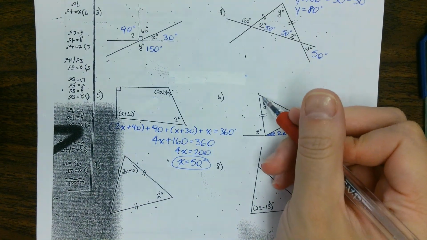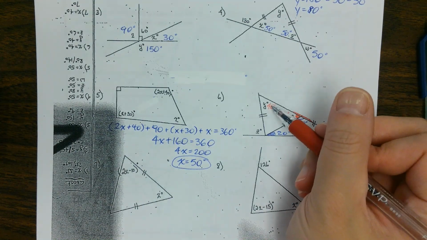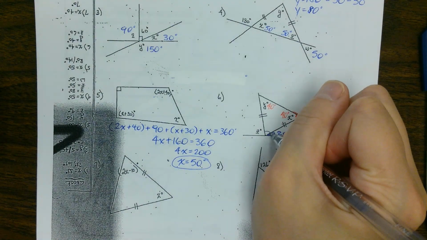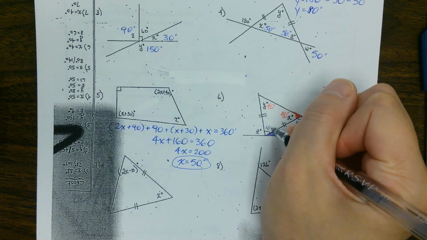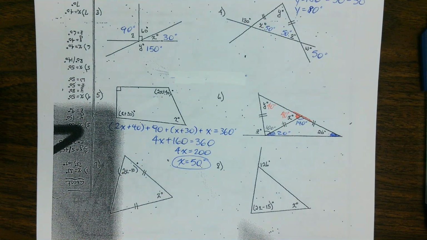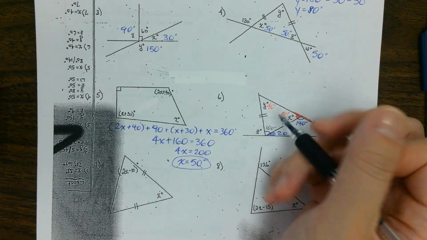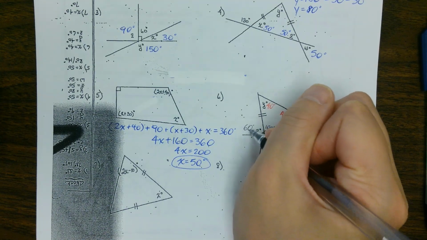Yeah, because it's an upside down isosceles triangle. So if this is 40, this is 40. Now we can figure out what this is. 180 minus 40. So this is 100 degrees. Okay, so 120. So Z is 60.